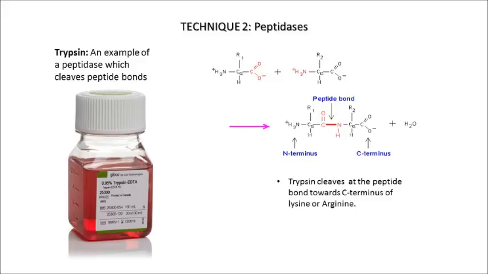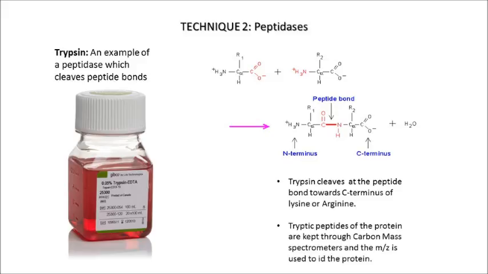Coupled with mass spectrometry, once you get tryptic peptides, which usually trypsin acts at the C terminus of lysine and arginine residues, you put your tryptic peptides in the mass spectrometer, and each of them has a unique mass to charge ratio.